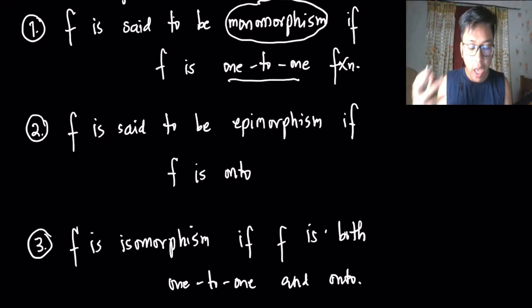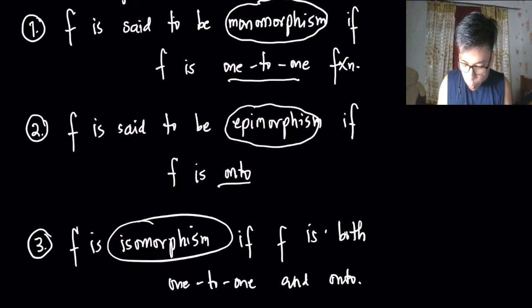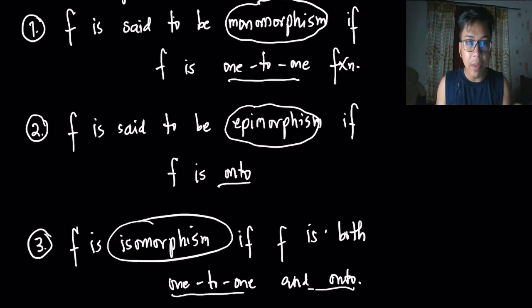Now F is said to be epimorphism if F is onto, and it's isomorphism if F is both one-to-one and onto. So in other words, it's isomorphism if it's monomorphism and epimorphism at the same time.